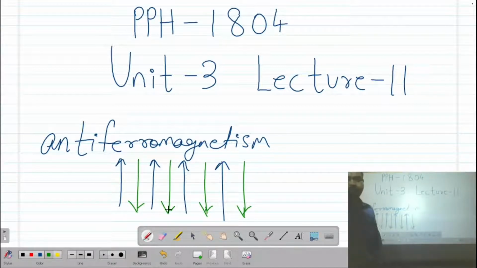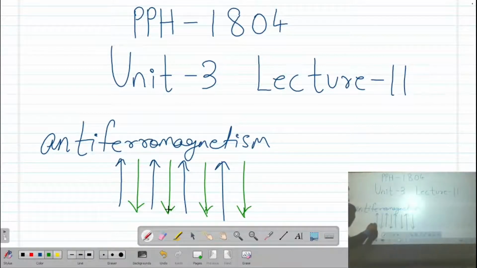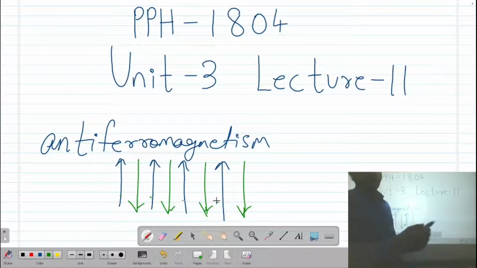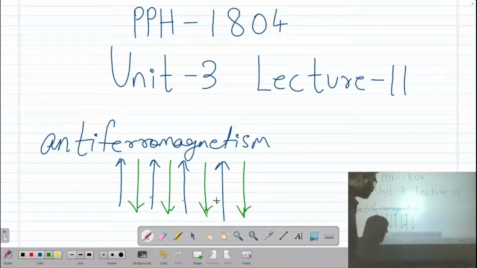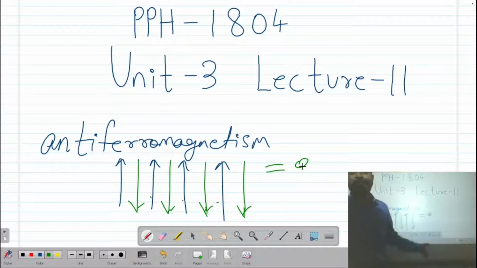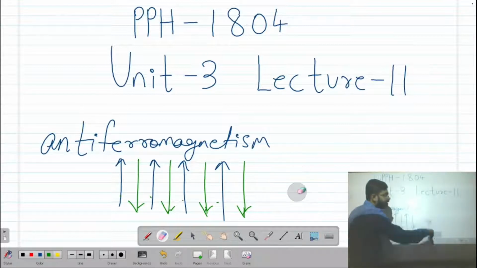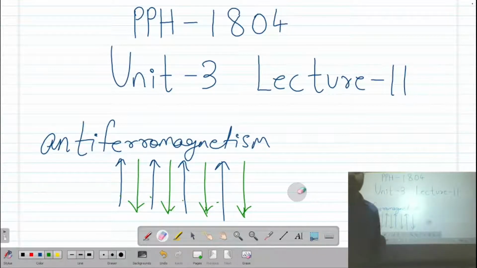In this kind of antiferromagnetic material, we will have equal numbers of dipoles in both directions, so the net magnetic moment will be equal to 0. But this happens below a particular temperature, the Neel temperature, as we studied in the previous lecture. So this is all about antiferromagnetism.